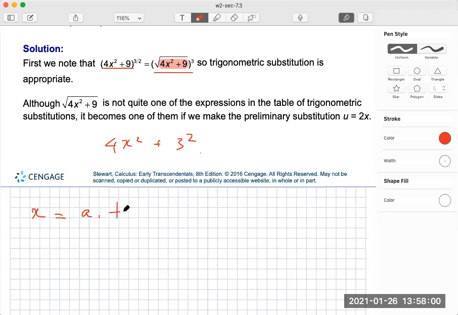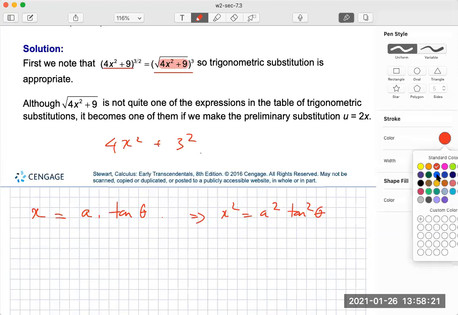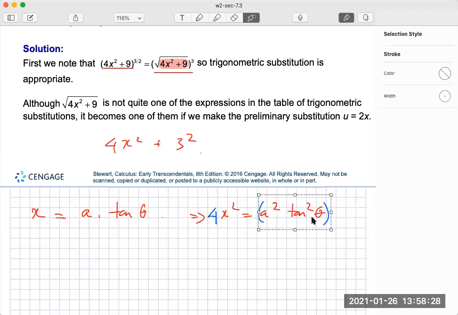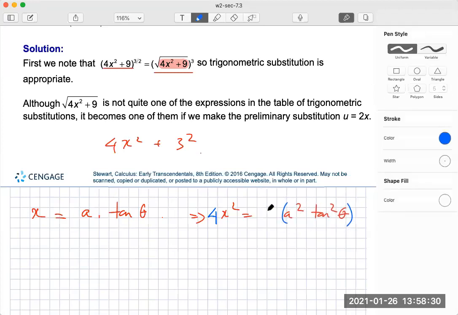Okay, let's try. If we do a tangent theta here, then we need to find x squared. Therefore, x squared will be a squared tangent squared theta. And here, what is 4 times x squared? It will be this much, right?